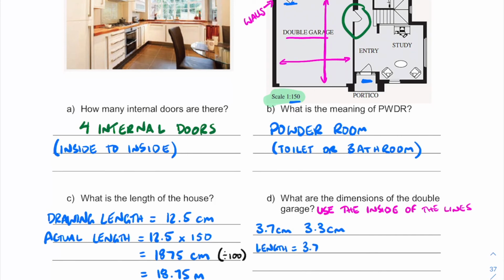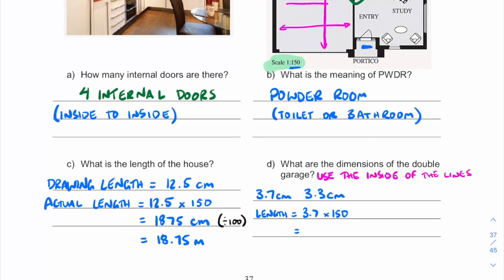Okay, so I'm going to say my length is 3.7 times 150. That gets me 555 centimeters, which is 5.55 meters. And then I just need to do the width. My width there was 3.3 centimeters times 150. That got me in my calculations to 495 centimeters, which is 4.95 meters.